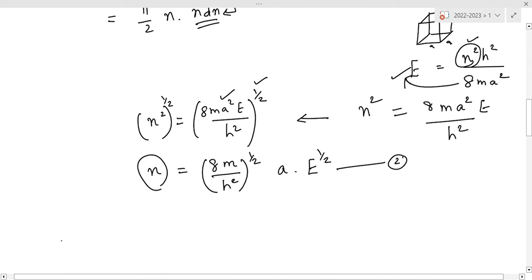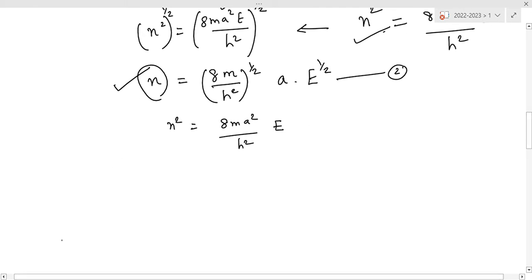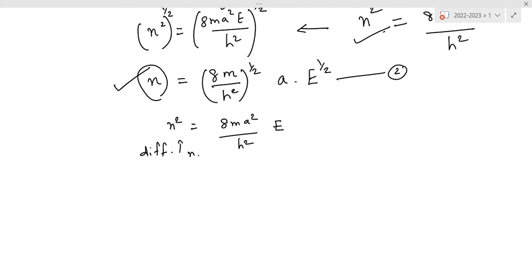So the expression with n has to be replaced with the expression with E. That is why n can be replaced with this equation, and for n dn I am going to use this formula. So n square is equal to 8ma square by h square into E.